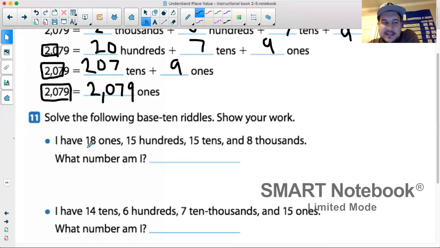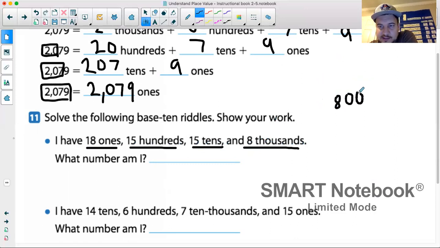So I have 18 ones, 15 hundreds, 15 tens, and 8 thousands. So we've got space over here to work it out. I like to start with the biggest place value I have. I have 8 thousands. I'm going to write that first. 8 thousands.